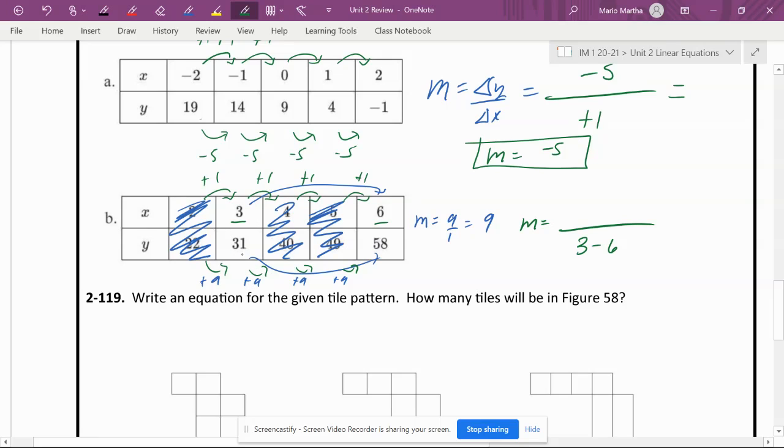And our change in y goes from 31 to 58, which would be 31 minus 58. You do the math on top: 31 minus 58 is -27. And then 3 minus 6 is -3. Negative divided by negative gives us a positive, and 27 divided by 3 is +9.